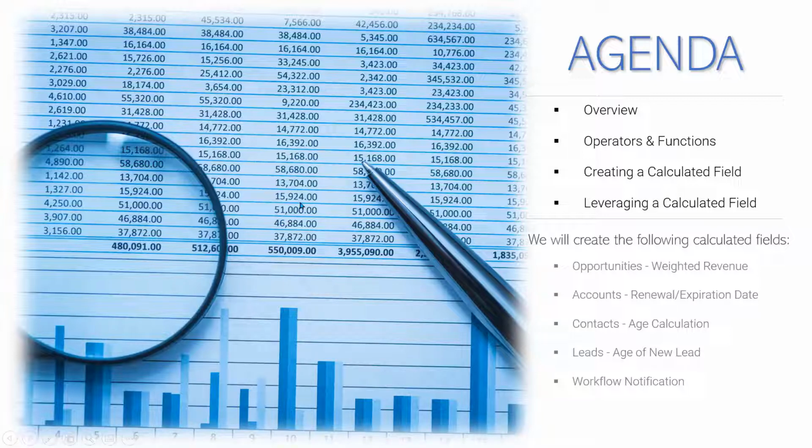If you have calculated fields, you can do that. Others might be creating some sort of if statement: if this field is at this value, then do this; if it's something else, do something else. So you can create some pretty complex formulas.